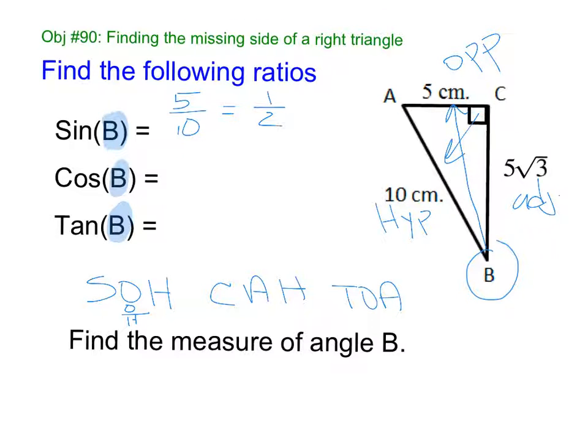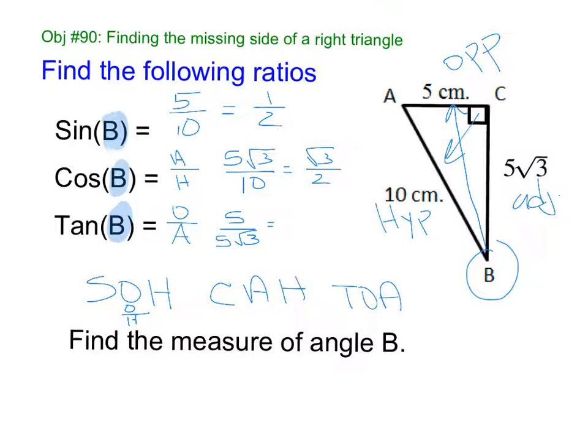Cosine is adjacent over hypotenuse, right? So that's 5 root 3 over 10, which simplifies to root 3 over 2. And then lastly, tangent is opposite over adjacent. 5 over 5 root 3.